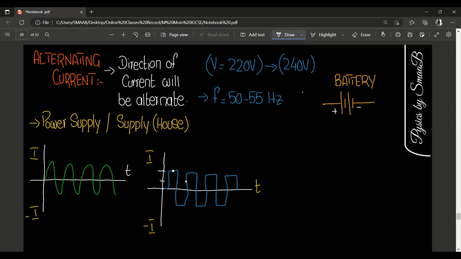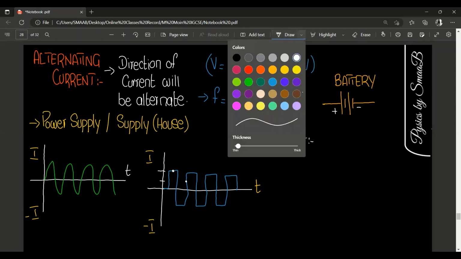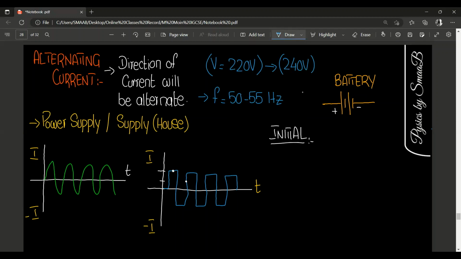So the initial concept was that current, or charges, will flow from the negative side.